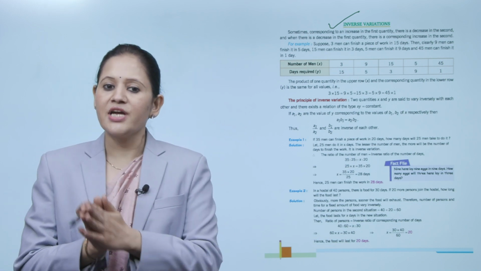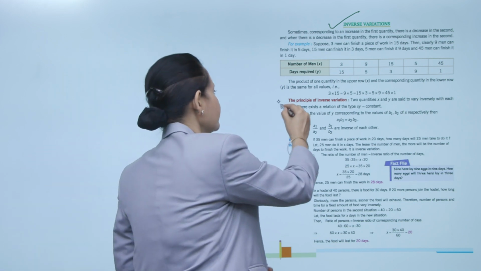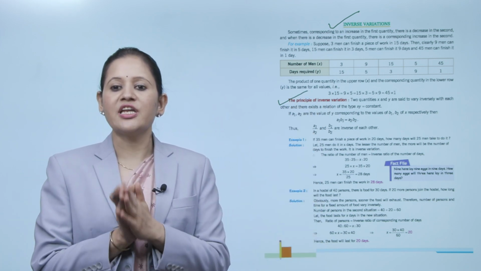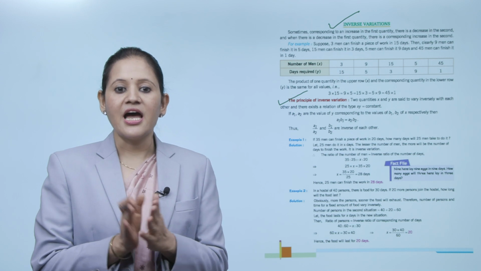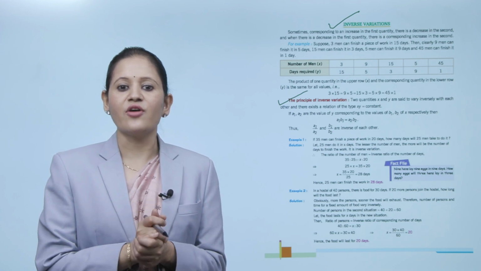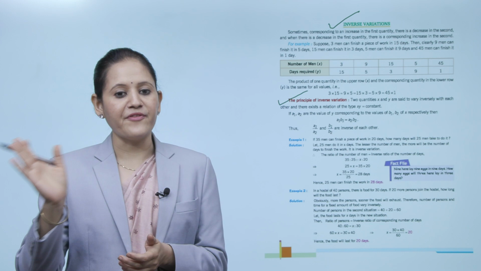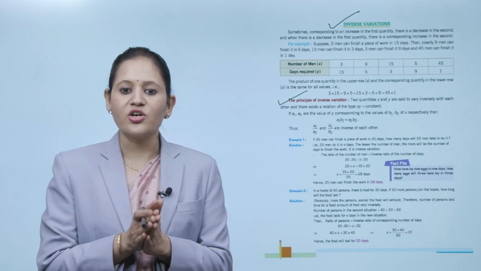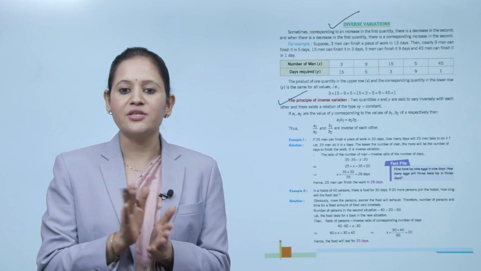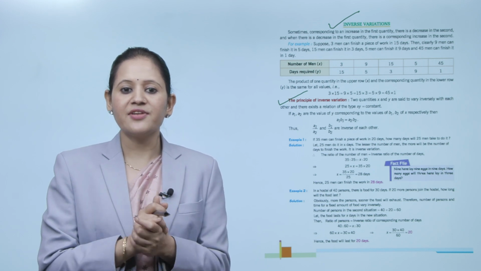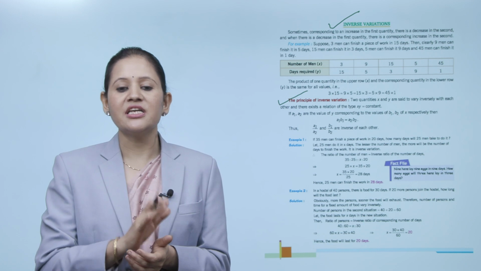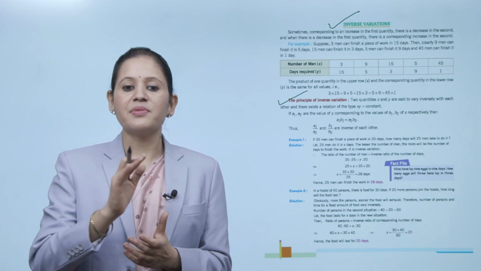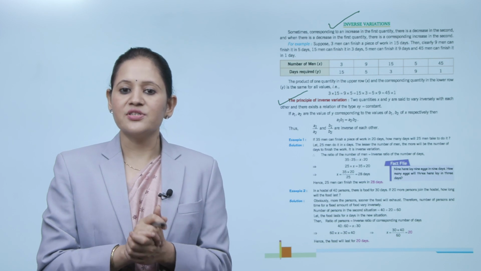The principle of inverse variation: two quantities x and y are said to vary inversely with each other if there exists a relation of the type x multiplied by y is constant. If a1, a2 are the values of y corresponding to the values b1, b2 of x respectively, then a1 into b1 equals a2 into b2. a1 upon a2 and b1 upon b2 are inverse to each other.